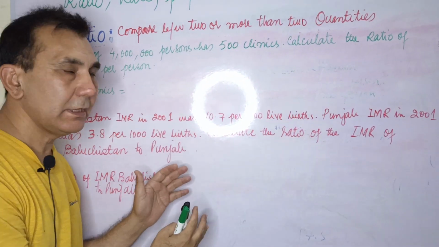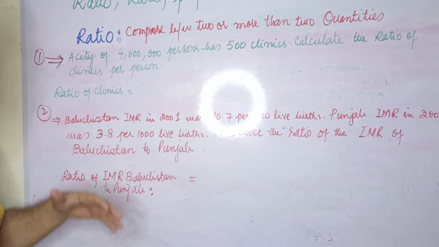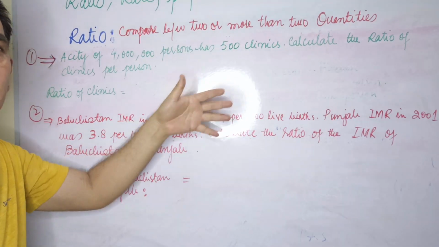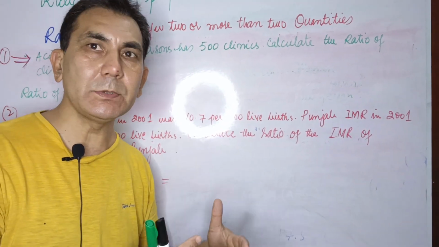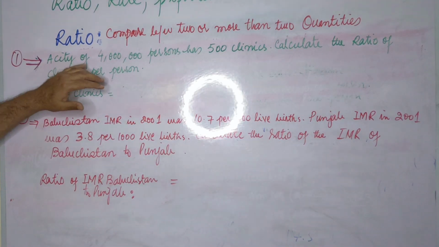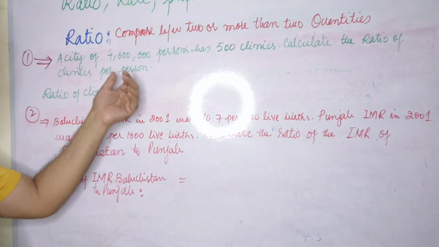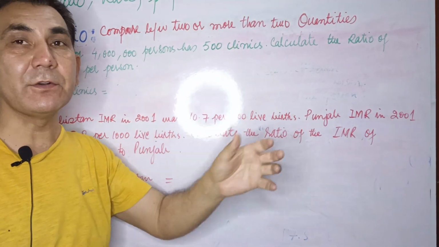Okay, let's clear our concept of the ratio with two other epidemiological examples. Let's see a city of 4 million persons that has 500 clinics.